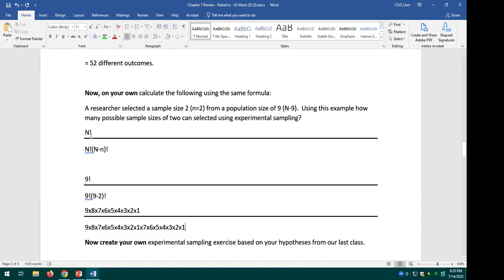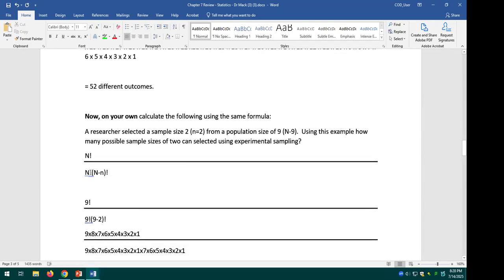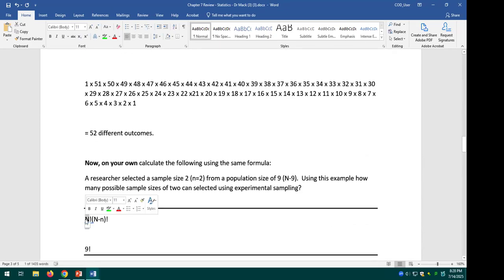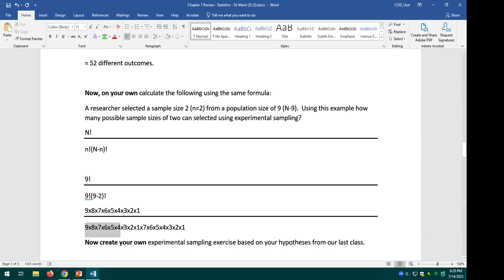Did I write that wrong? Oh, I think you're right. Small n, yeah. Which means that would actually be 2. So it would look like this. Does that make sense? 2. I typed that wrong.